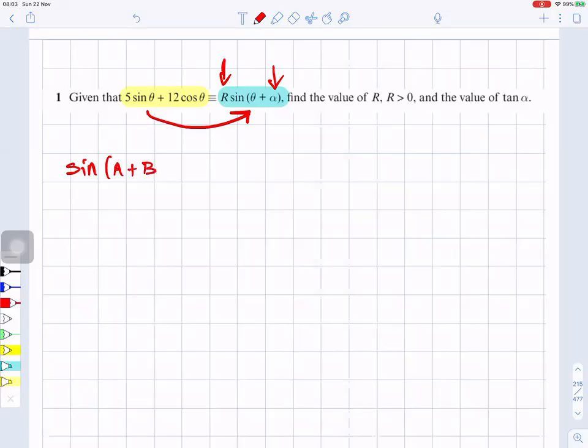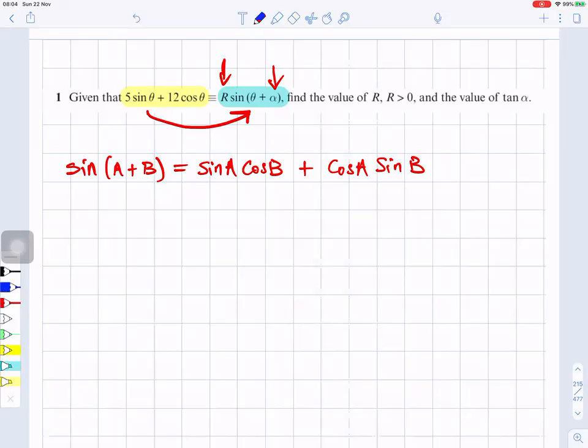Sine A plus B is sine A cos B plus cos A sine B. Now, they are not using A and B, they're using theta and alpha.